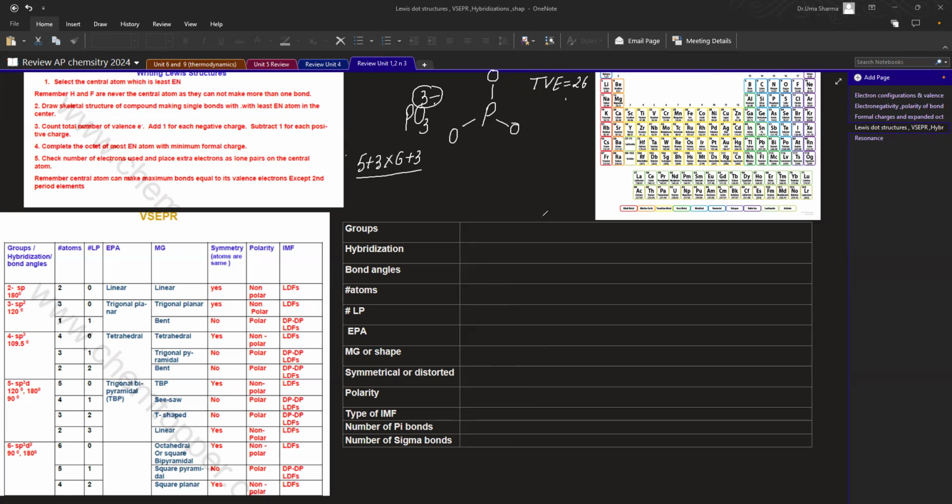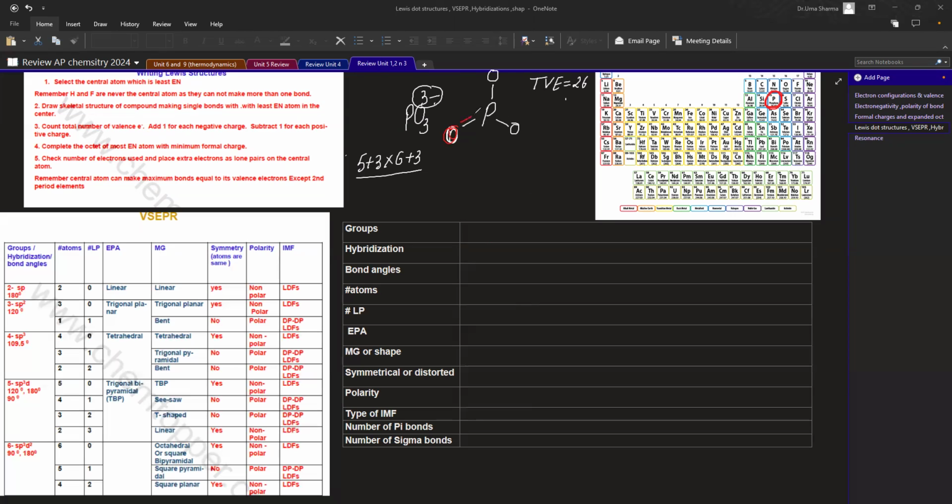Good. Complete the octet of oxygen first. Check for P. P can have expanded octet. How many maximum bonds P can make? 5. Don't try to make more than 5. And oxygen wants to make 2.